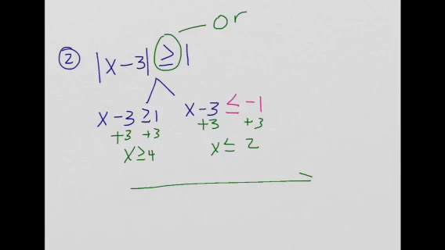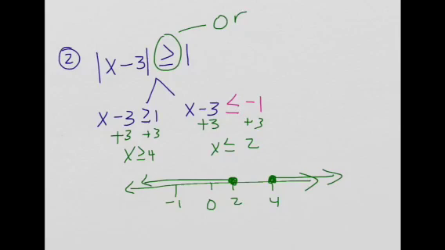So that's what we're going to anticipate when we go to graph it. This is 0, 2, 4. So we have x is less than or equal to 2. So closed in circle, going to the left. And x is greater than or equal to 4, closed in circle, going to the right.